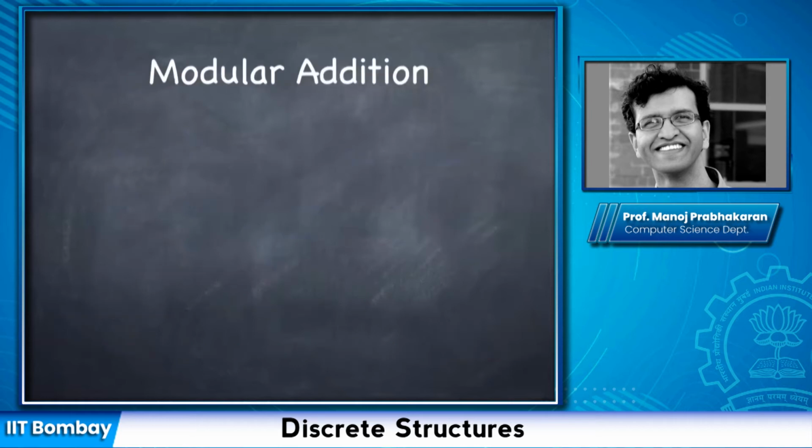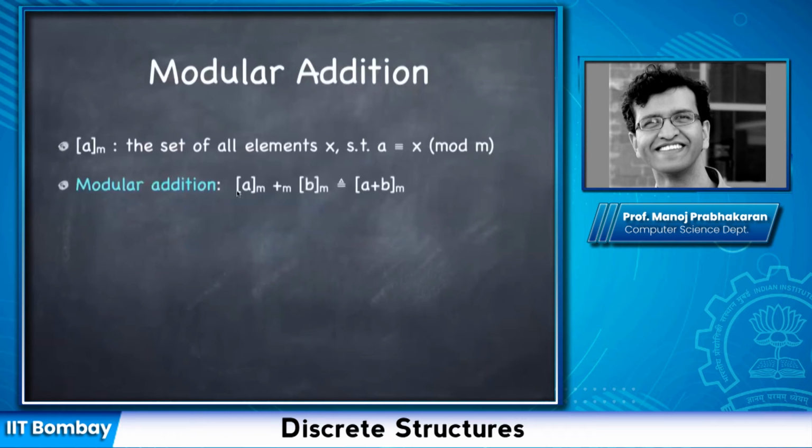So the first operation is addition. Those are the elements of my universe. And I would define the sum of the column containing A and the column containing B to be the column containing A plus B. Here, this plus just denotes addition as integers. And I have used that to define addition over this new universe, Z sub m.